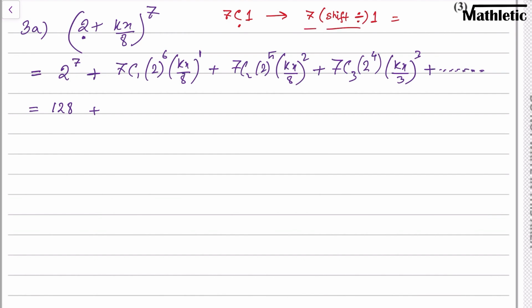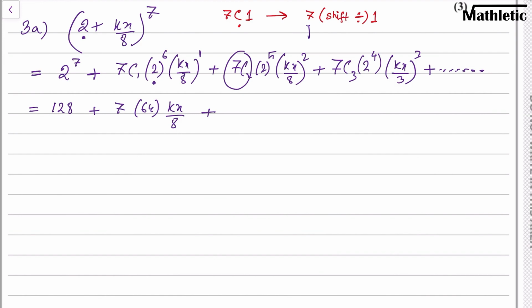So 7 shift division will give us the c, then press 1 and then equals. This will give us a value of 7. 7c1 is actually 7. 2 to the power 6 is 64, kx by 8.